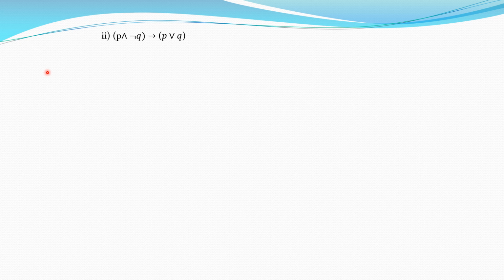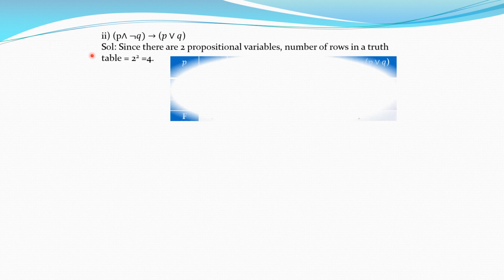First column is of variable P, second is of Q. Now to find the column for P and negation Q, we need to find first the truth values of negation Q. So next column is of negation Q. Then it is possible to write P and negation Q. Now as P, Q are there, you can write P or Q. Now once you write columns for these two brackets separately, the final column will be of implication.